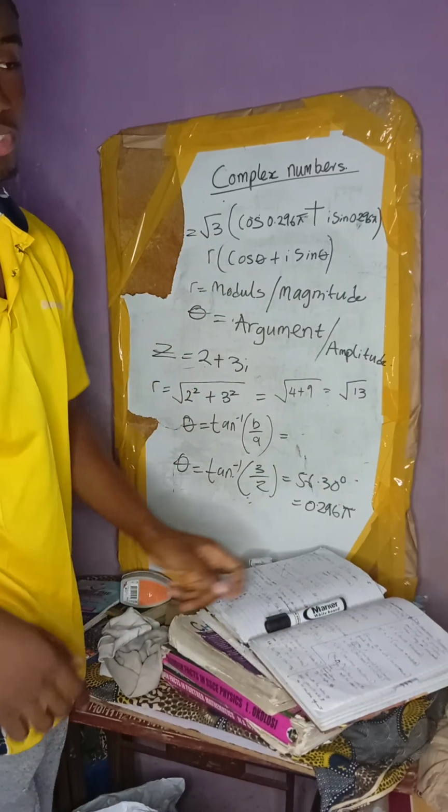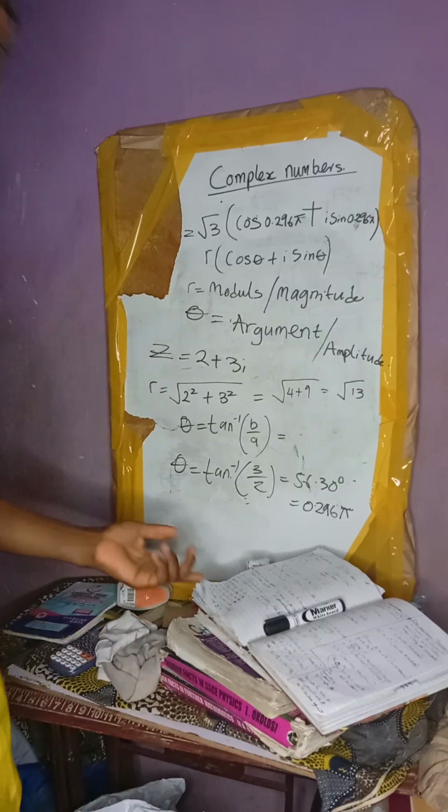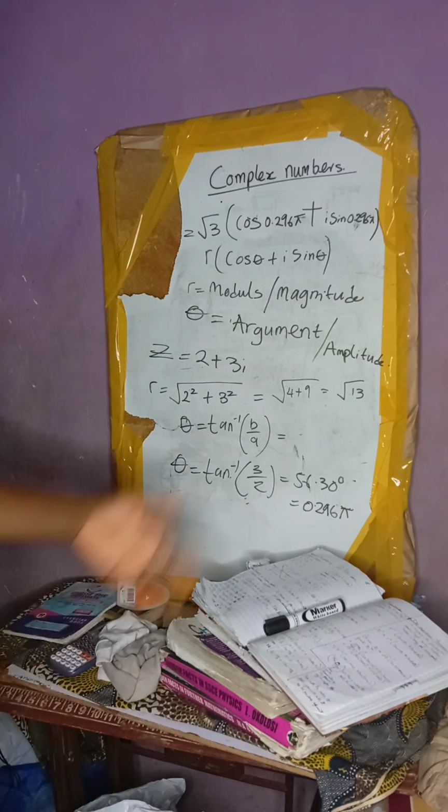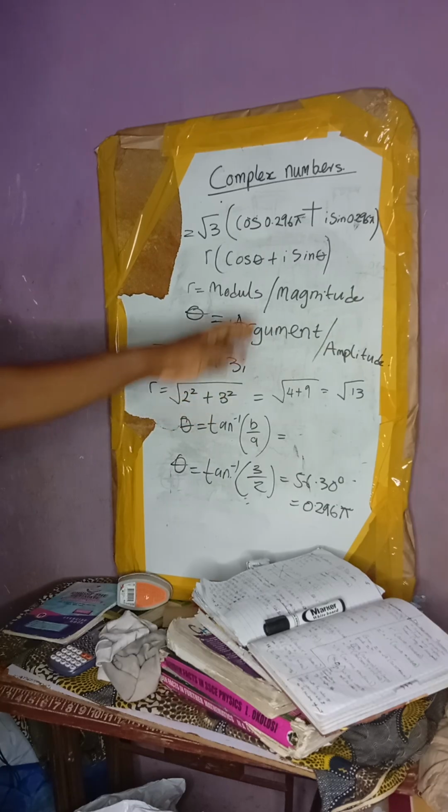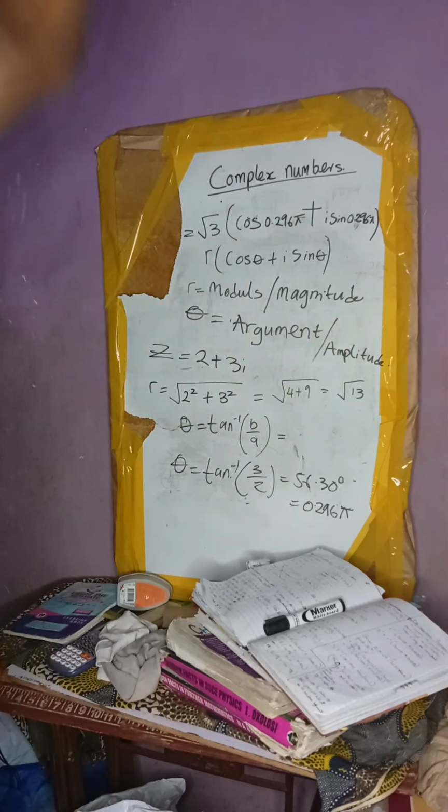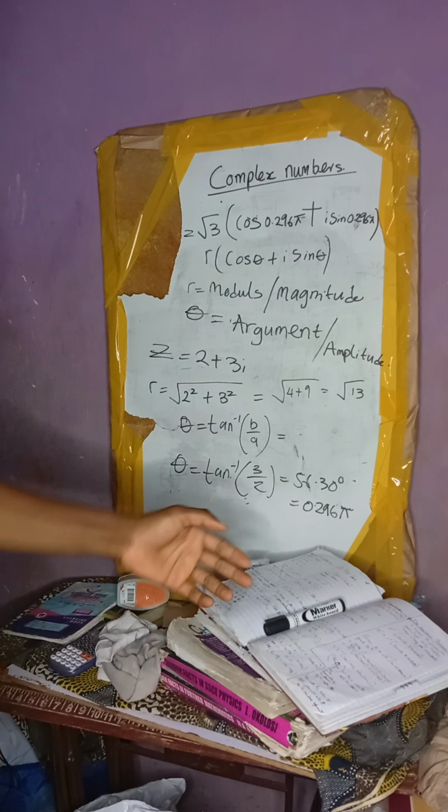So this is where I'll stop for today. You can do the same thing for exponential form. It's still the same method.